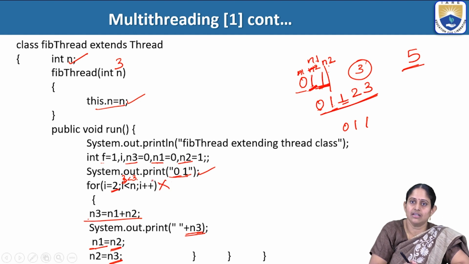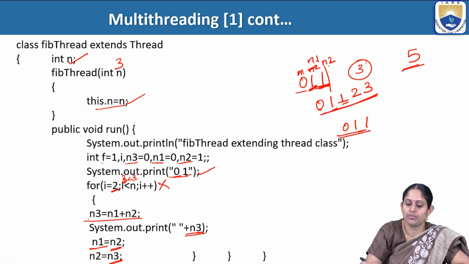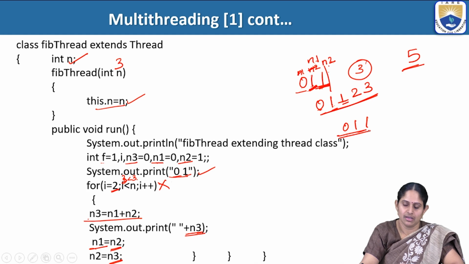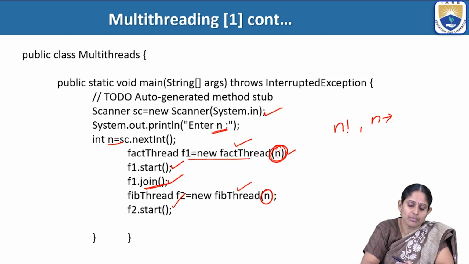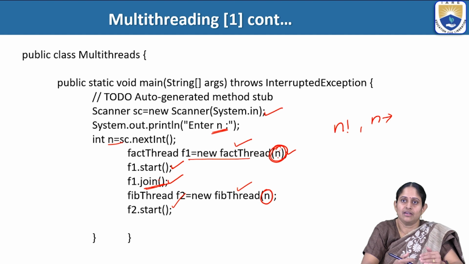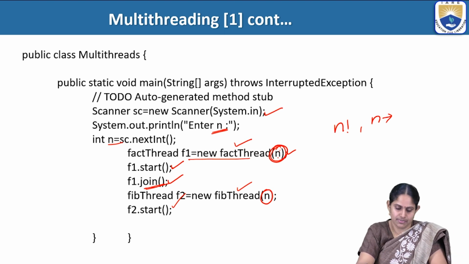So it will exit the loop. So in the output we get 0, 1, 1. So this is how we implement the Fibonacci thread and factorial thread. I'm calling this join method so that the output won't be interleaved. And the Fibonacci thread will wait for the factorial thread to finish.